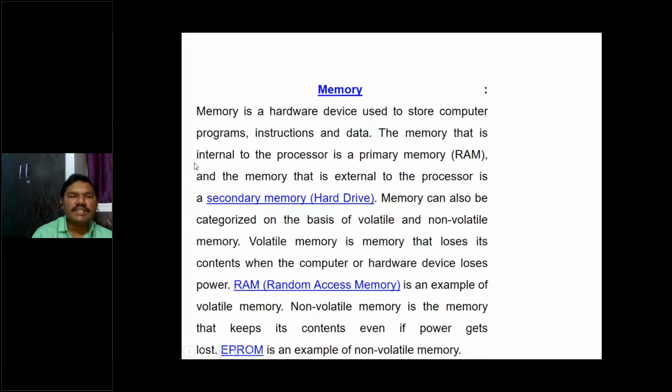The memory that is internal to the processor is primary memory. Here memory is of two types, RAM and ROM. But in the case of a microprocessor, memory is of two types, main memory and secondary memory. Main memory means RAM and ROM, whereas secondary memory means hard disk, floppy disk, external hard disk, or CD-ROM.